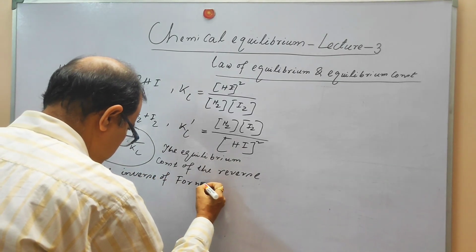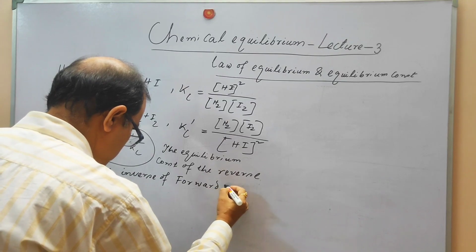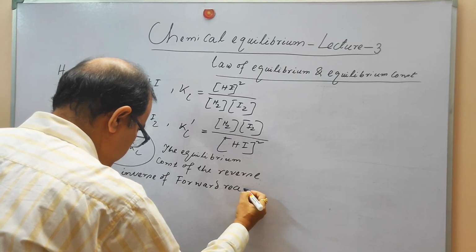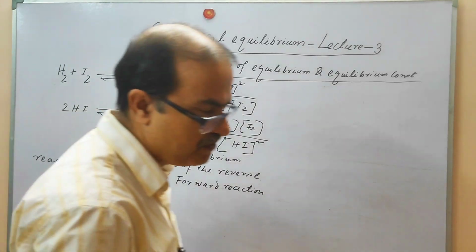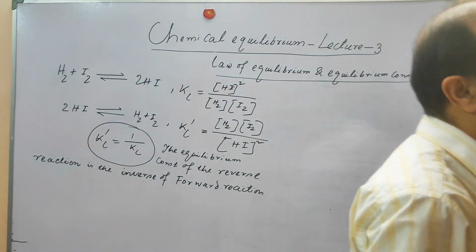Very important thing to understand. If in the forward reaction the equilibrium constant is Kc, then in the reverse reaction it will be 1 by Kc.